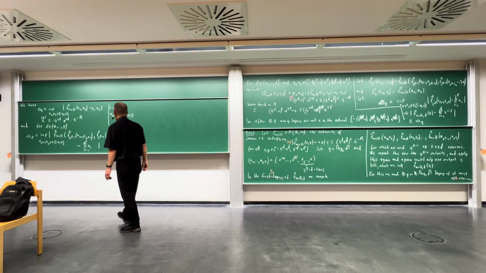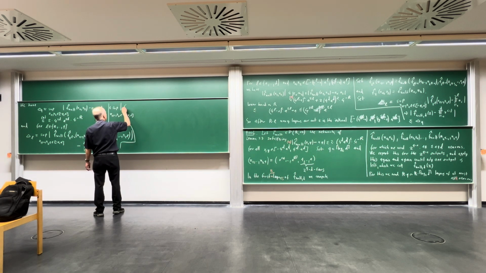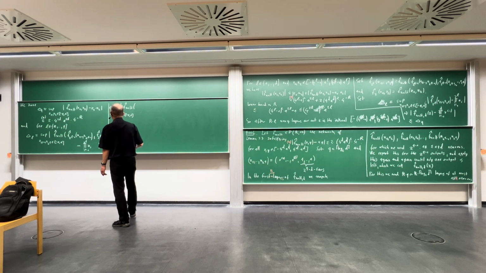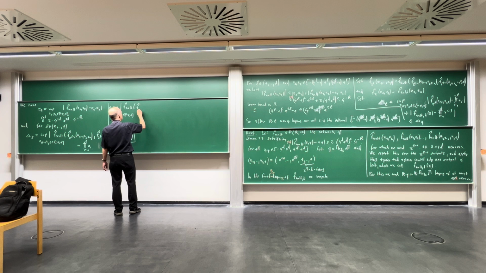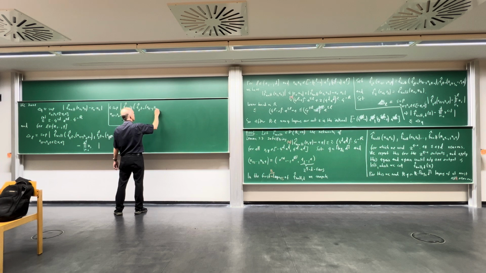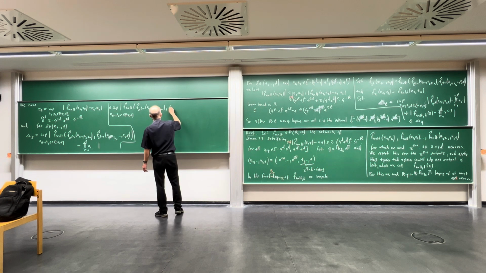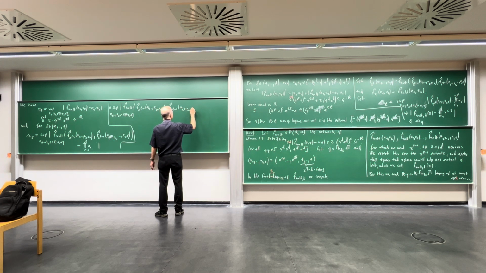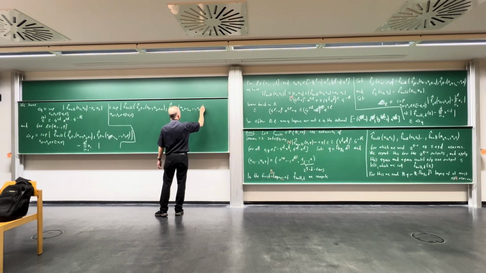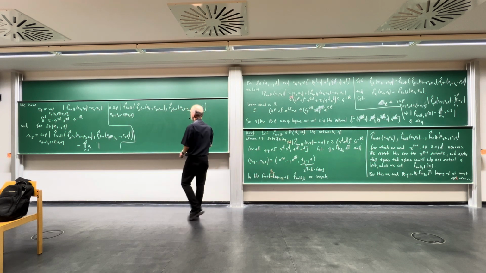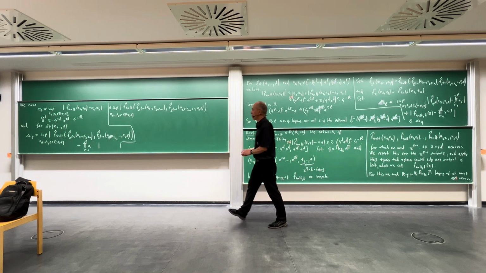Okay, so we have this F mult, F hat minus 1, z1 to z2 minus 1, and now I just subtract the product of its arguments.